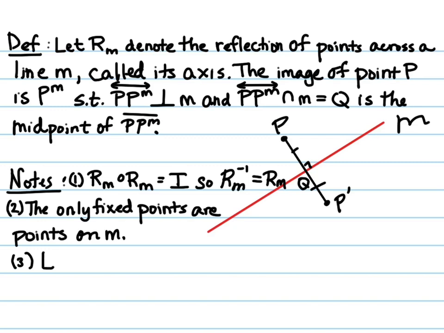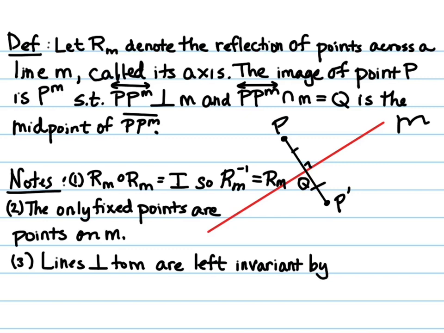Three, lines perpendicular to M are left invariant, that means unchanged. The line itself is in the same location. So they're left invariant by the reflection Rm.